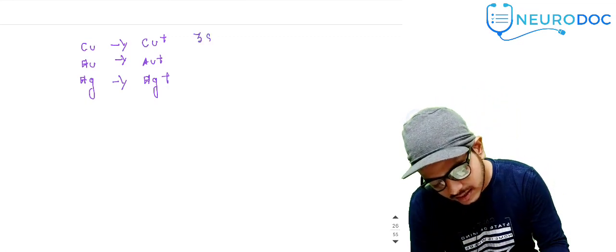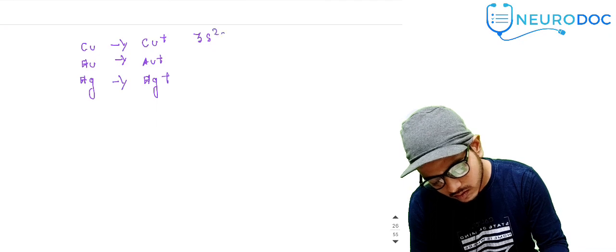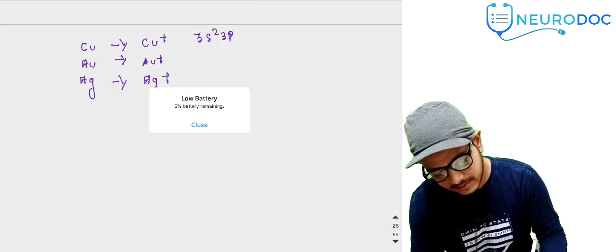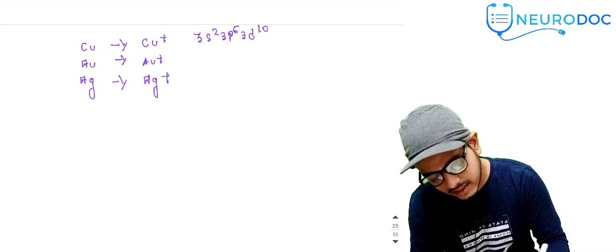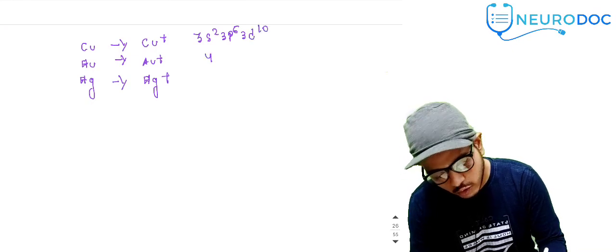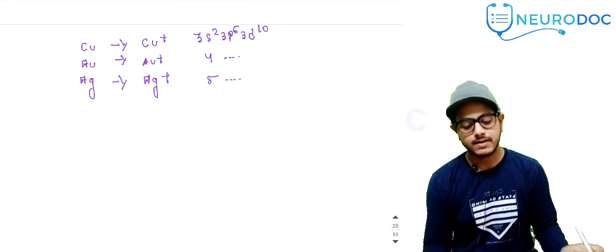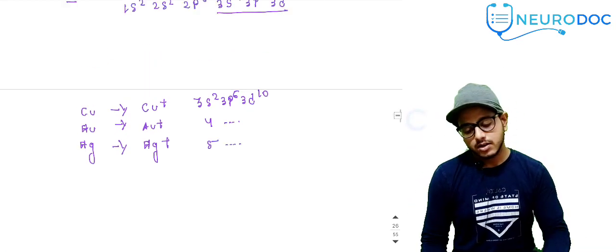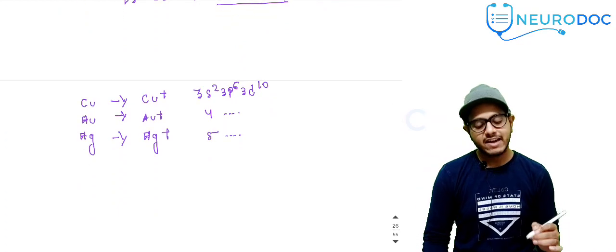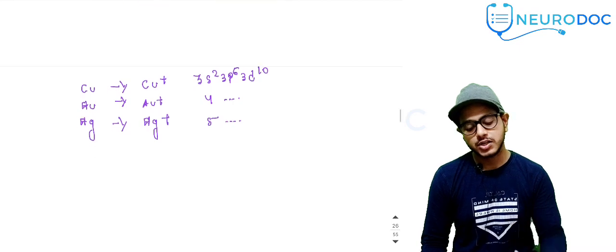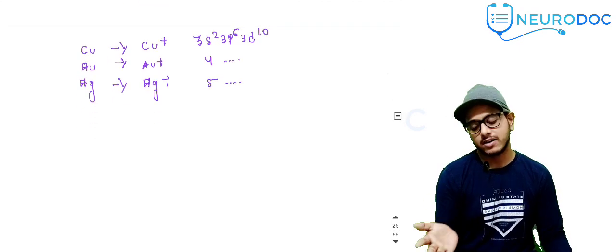This was 3s2, 3p6, 3d10. This will be 4s2, 4p6, 4d10. This will be 5s2, 5p6, 5d10, right? So all these three have pseudo inert gas configuration and they have high polarizing power.